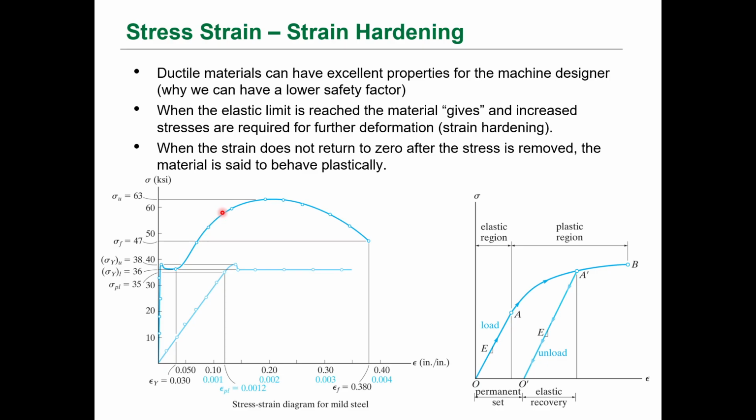Compared to a brittle material, these dynamics, which allow your machine component to deform and get harder to deform after it's been deformed, where you're in this plastic region and you have this strain hardening effect, can prevent your machine from completely coming apart.